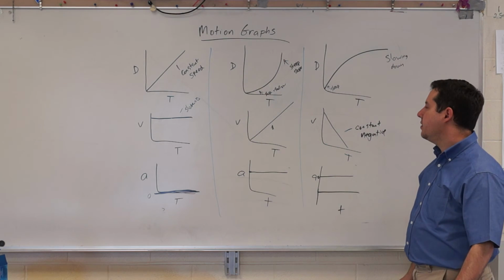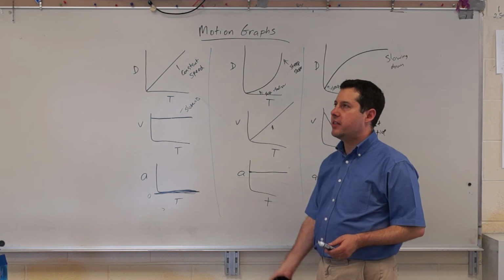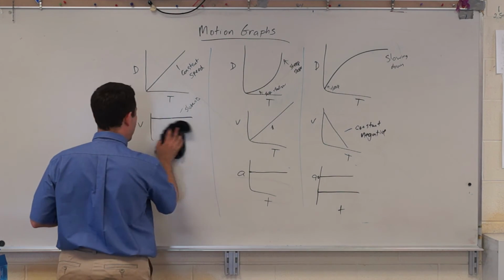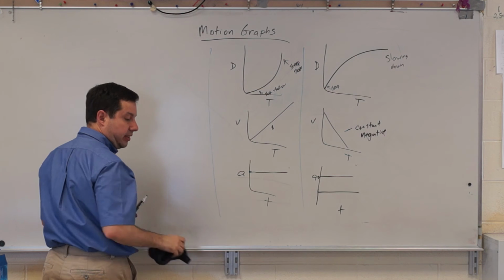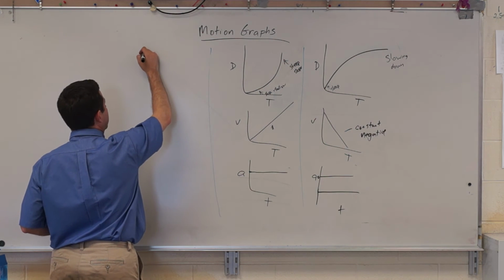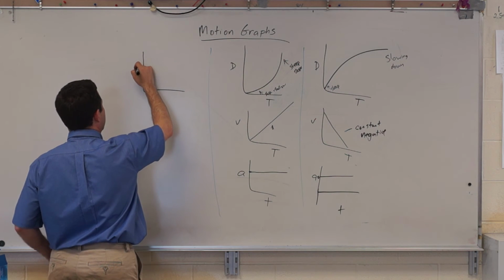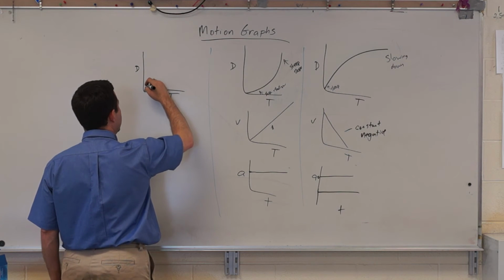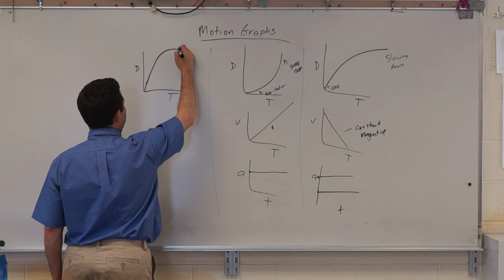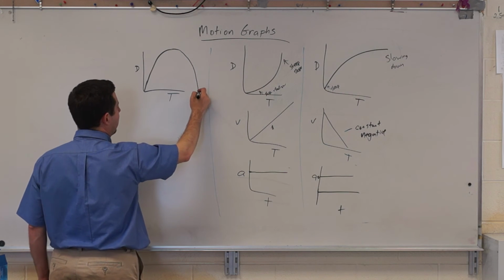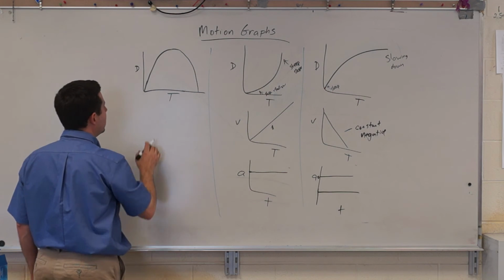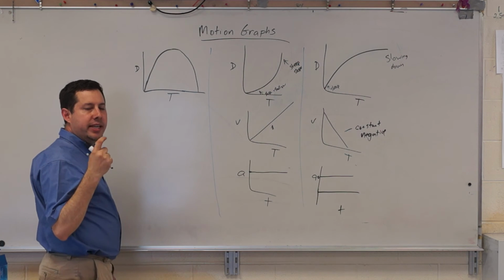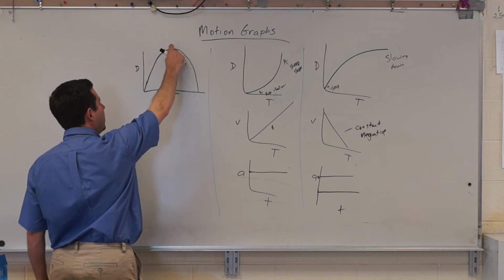If you want a kind of extreme example, it's always fun to think about throwing something up and catching it. What's happening as you throw it up and then you let it fall back down again? Distance versus time. So at first the distance is increasing, but then it reaches the top and comes back down. It's moving less and less up here, so at the very top its velocity is 0.